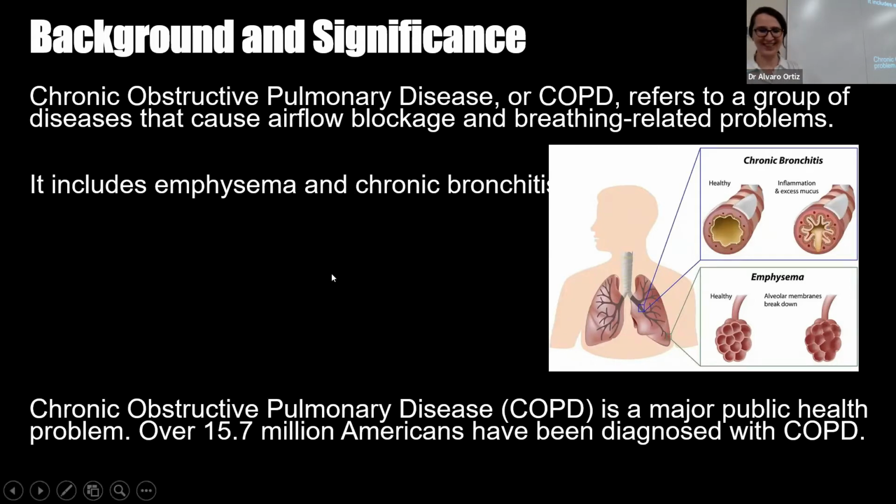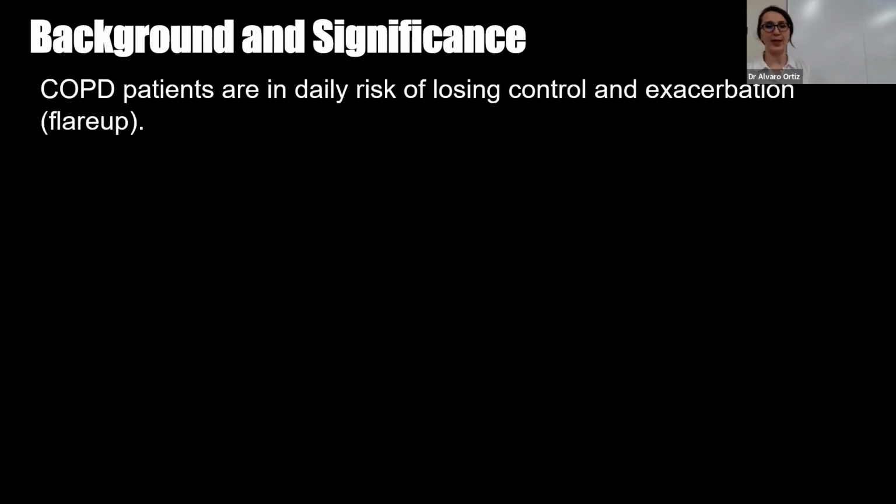So this COPD is a major public health issue, and in the United States, around 60 million people are already diagnosed with COPD. And these patients are really at daily risk of losing control, exacerbation, and flare-up.